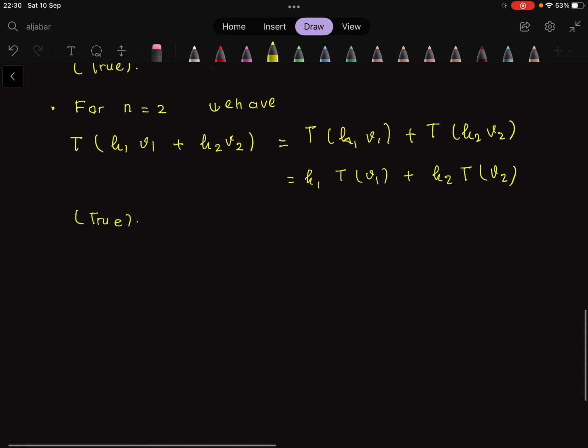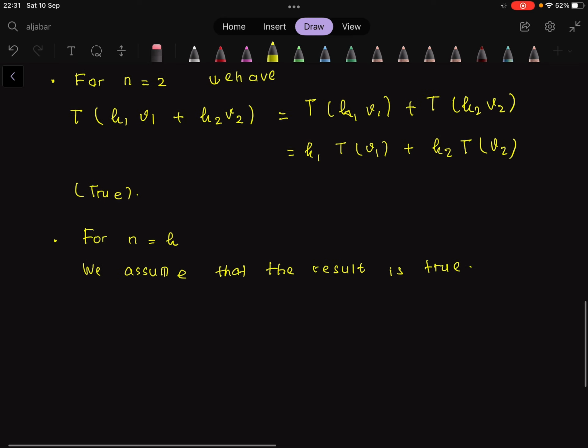So let's move to n equal to k. For n equal to k, we assume the result is true.